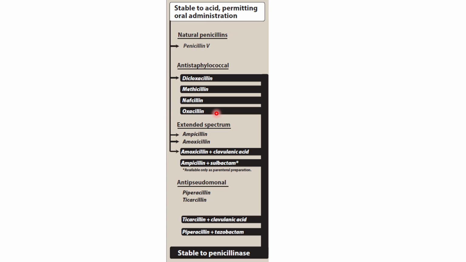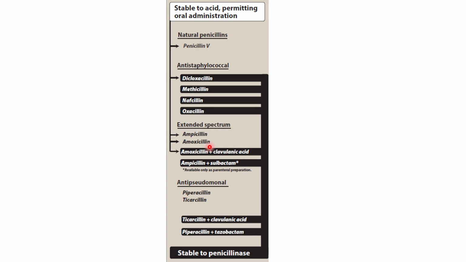So they don't require combination with the penicillinase inhibitors, clavulanic acid and tazobactam, unlike amoxicillin and ampicillin. Amoxicillin and ampicillin are not resistant to penicillinase. That is why they are combined with the beta-lactamase inhibitors.